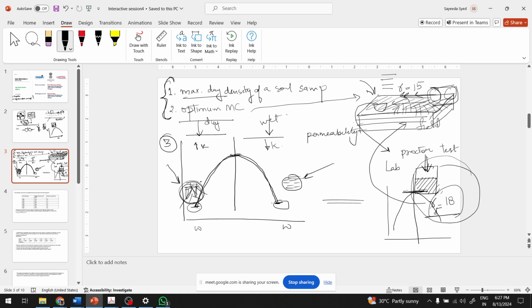And the other thing, let me check what the other things are that we want to discuss. Wet of optimum and dry of optimum.